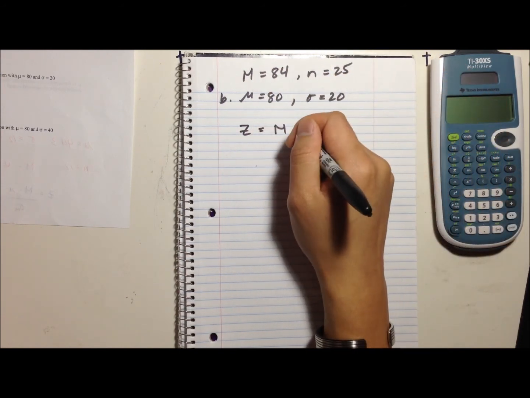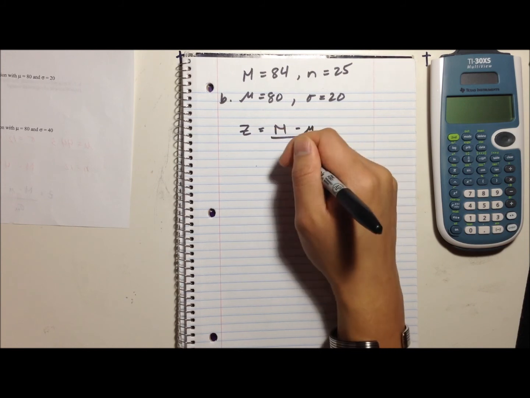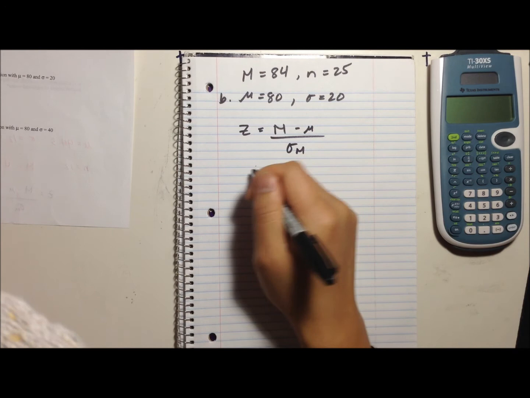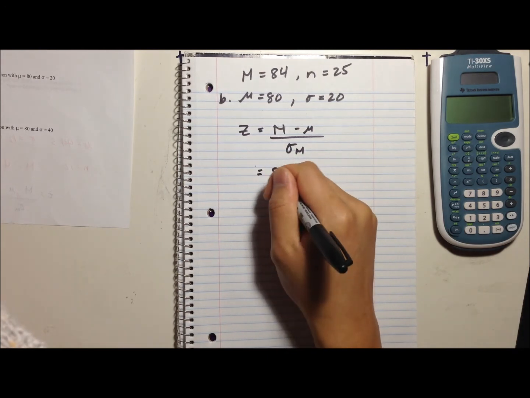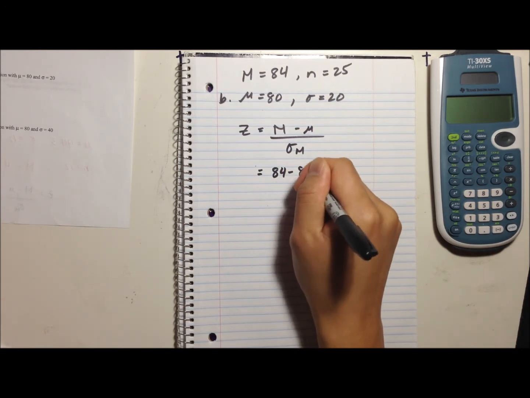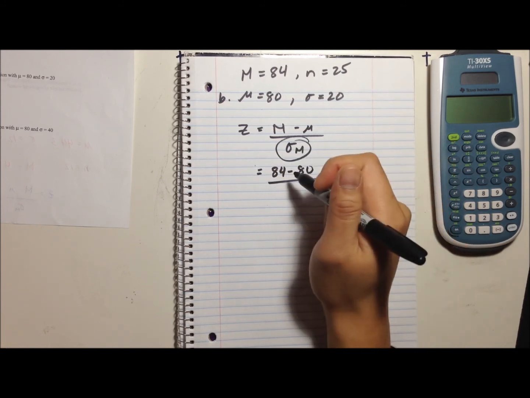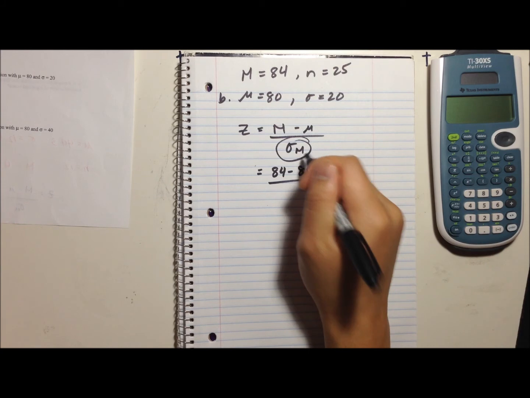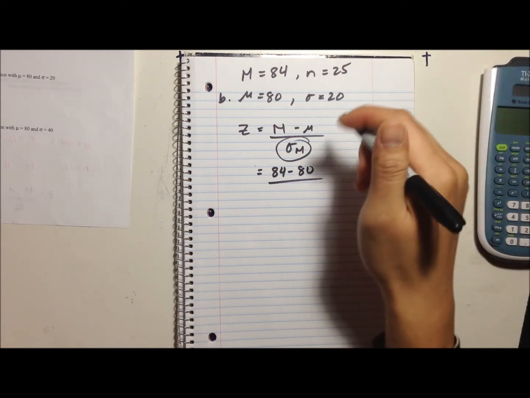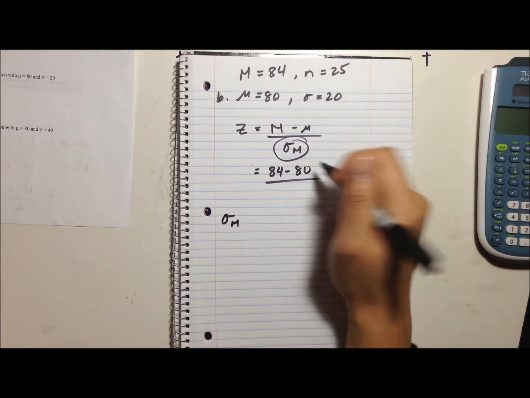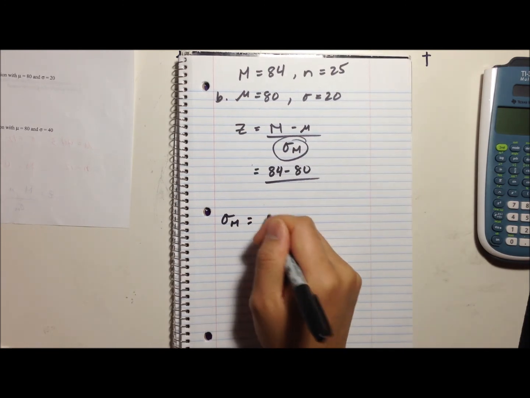So we know that z equals M minus mu over standard error. Okay, so I'm going to plug in all my knowns. 84 minus 80 over, oh no, I don't know what this guy is. So you have to solve for that first. Okay? In order to do that, I'm going to go, oh, I can't solve this because I don't know what that guy is.